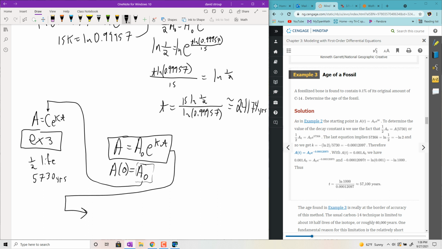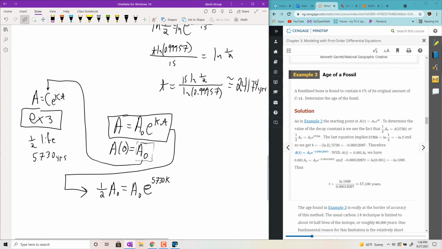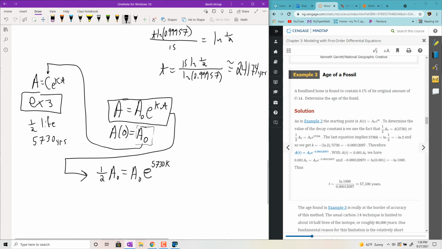So I could use the half-life to figure out the k value. 1/2 of the original amount will be left when t is equal to 5730. So you just plug 5730 in for t, and then solve for k. I'm going to divide both sides by A sub 0. You have 1/2 equals e to the 5730k, and then take ln on both sides.